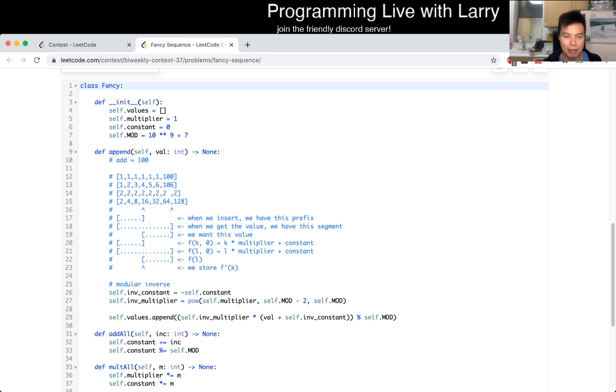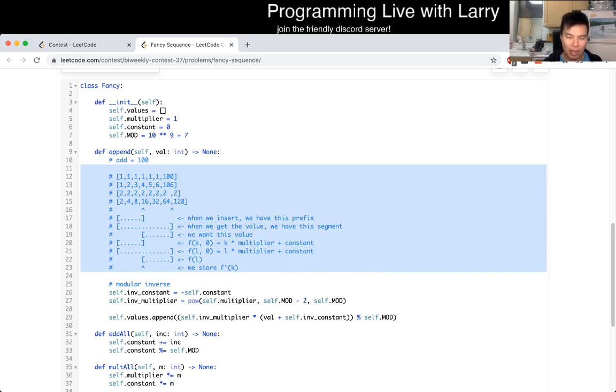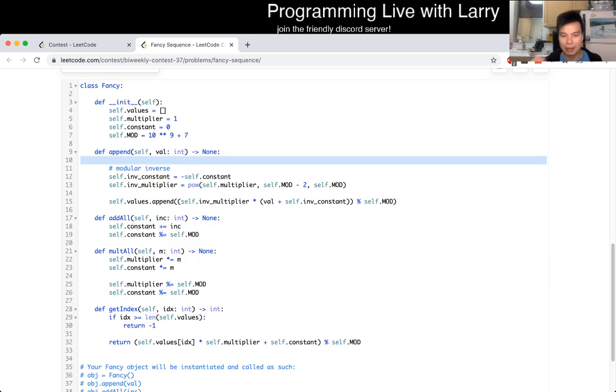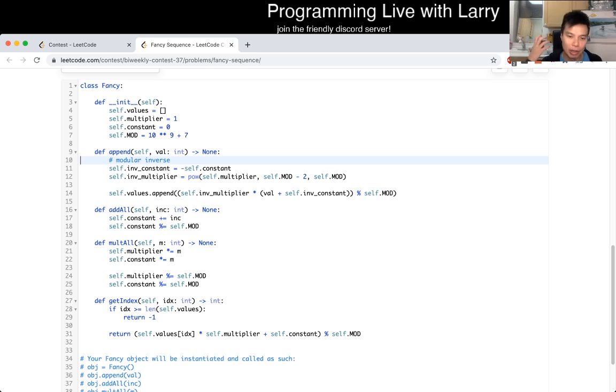I'm going to skip the prefix sum portion, but I'll go over it a little bit, not too much in detail. If you want to know it in more detail, I'll put a link below in that video. But basically the idea is that for every value that we append, we keep track of how to reverse the prefix of this array.